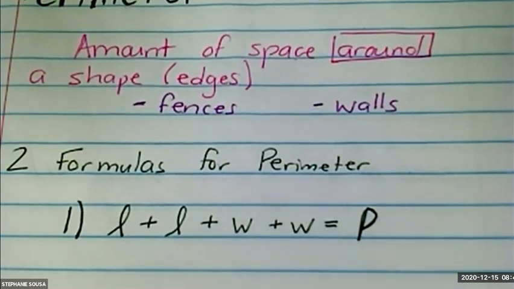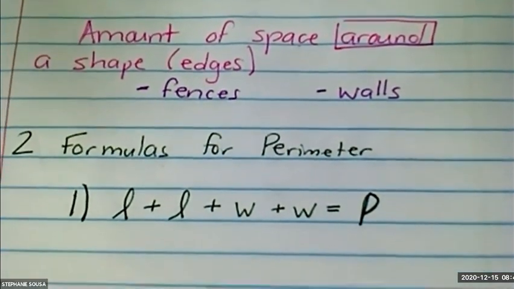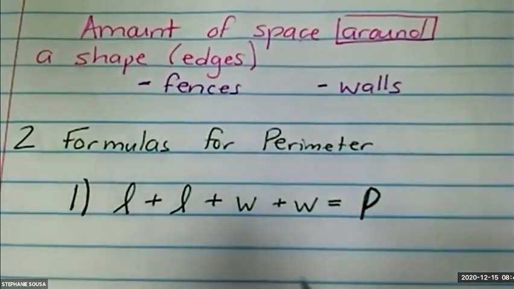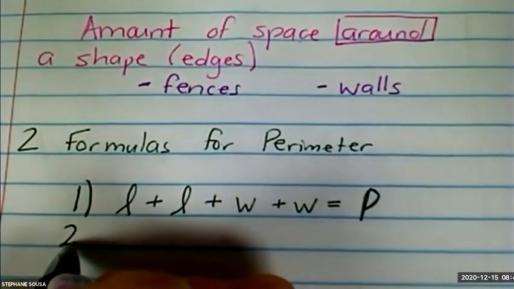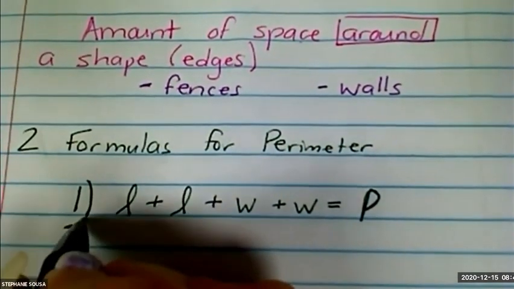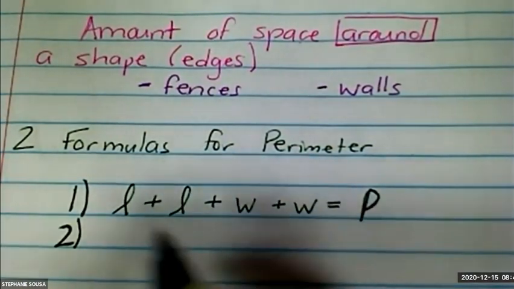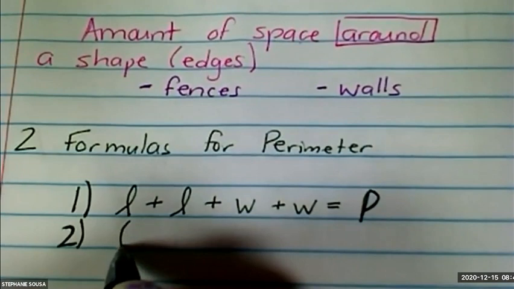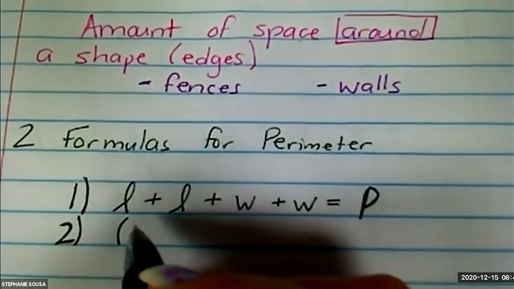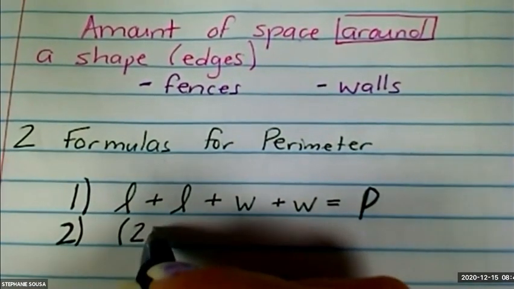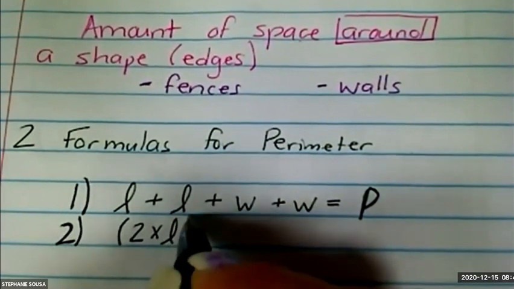There is another way, and it was shown to you in the vocabulary, and you might see it as well, and it's called the shorthand or the shorter way to write the formula. So the second formula is where we use multiplication. You notice that there are 2 lengths. So we will multiply 2 times the length.